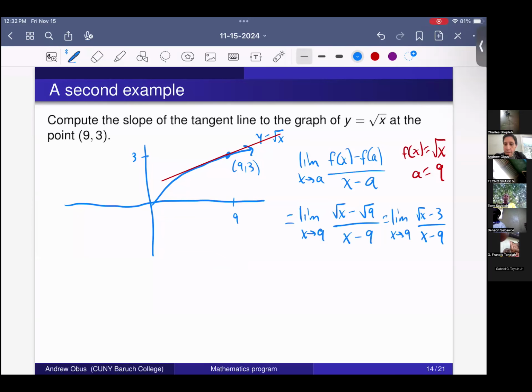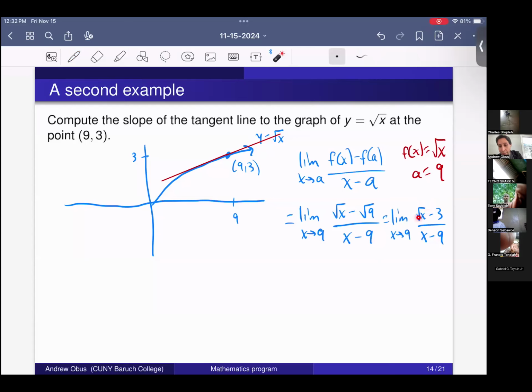Again, we can't just punch in x equals 9, because then we would get square root of 9 minus 3, which is 3 minus 3, which is 0, divided by 9 minus 9. We would get 0 over 0, which is meaningless.